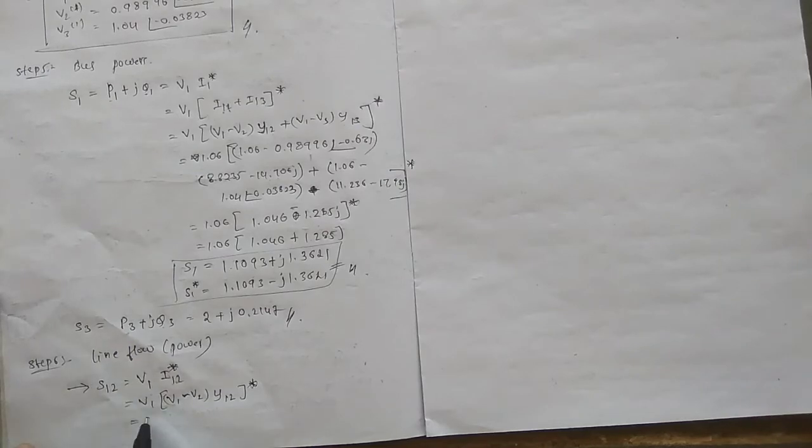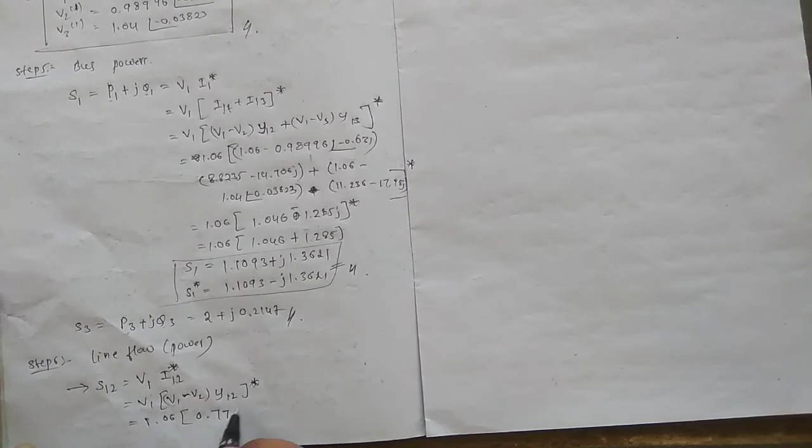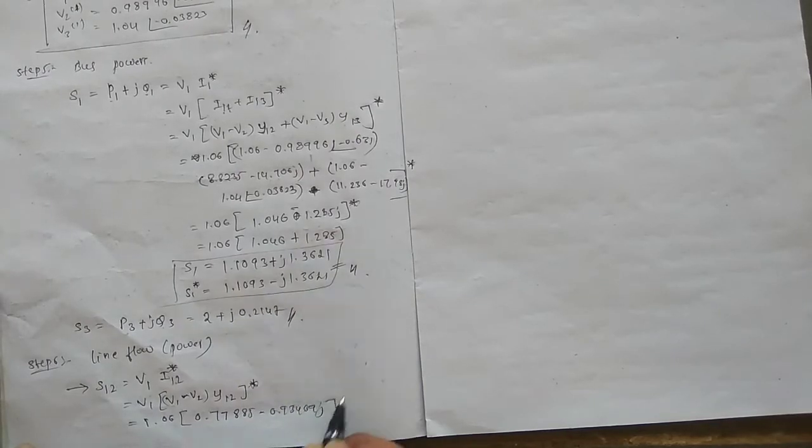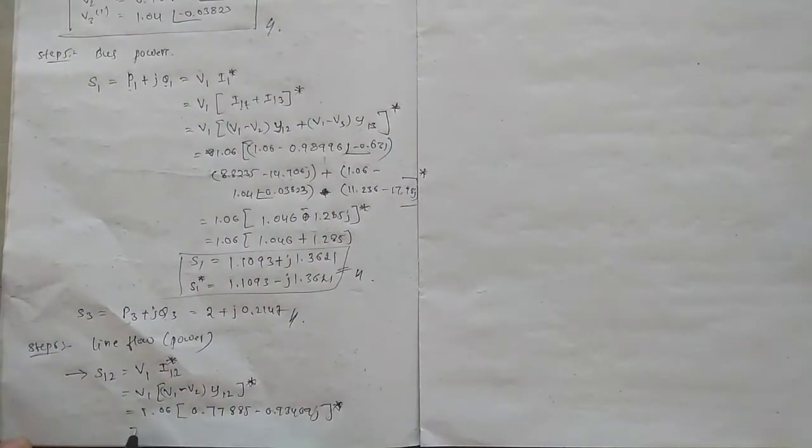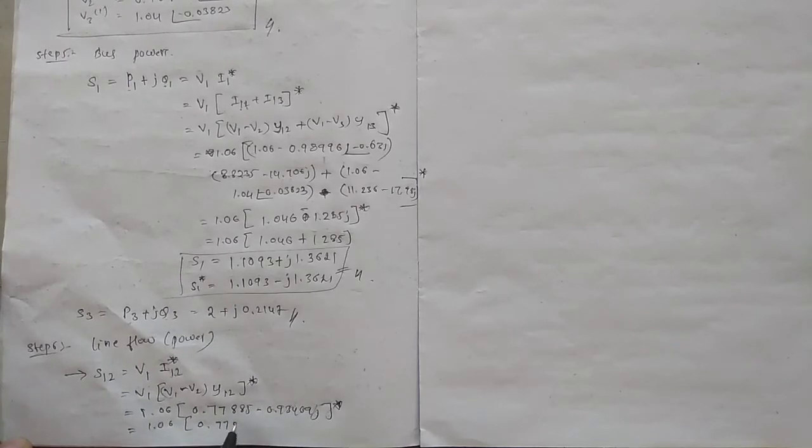After substituting all those values, you get 1.06 in the bracket of 0.77885 minus 0.93469J whole complex. To remove this complex, we write 0.77885 plus 0.93469.